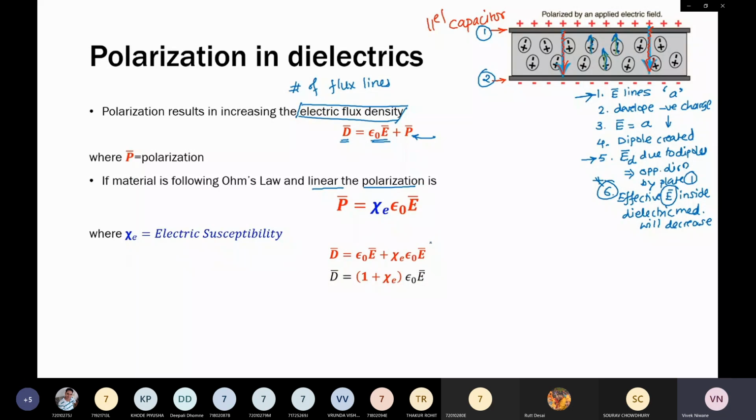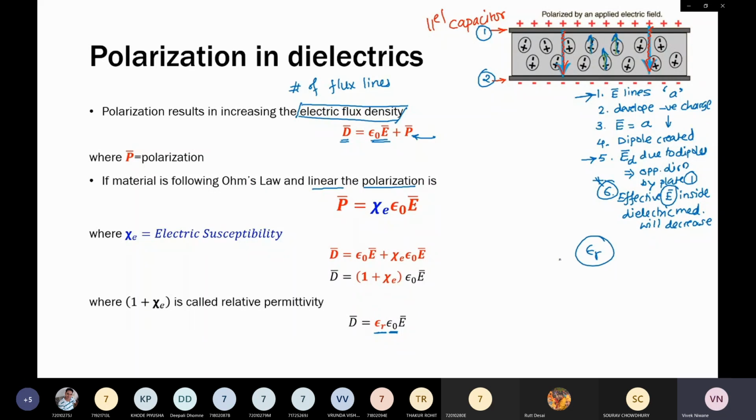Taking out the constant, D bar is equal to (1 plus chi e) epsilon 0 E bar, and here 1 plus chi e is called the relative permittivity, so now D bar is equal to epsilon r epsilon 0 E bar. So probably now you have understood where relative permittivity comes into the picture.